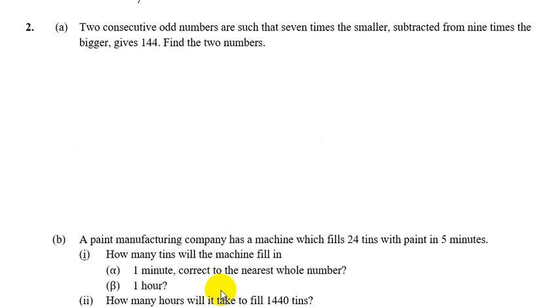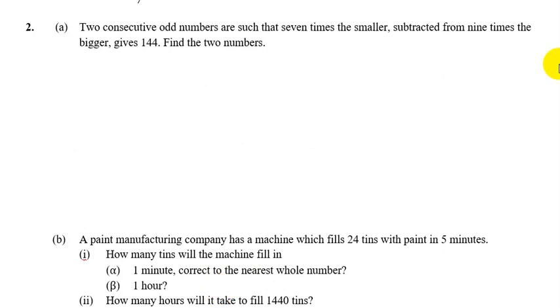Now question 2a says that 2 consecutive odd numbers are such that 7 times the smaller subtracted from 9 times the bigger gives 144. Now, what are odd numbers? Numbers that are not divisible by 2. So they said 2 consecutive odd numbers.